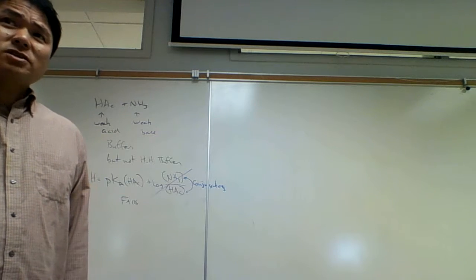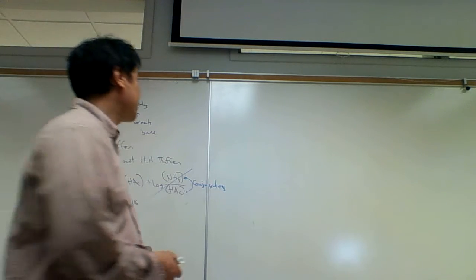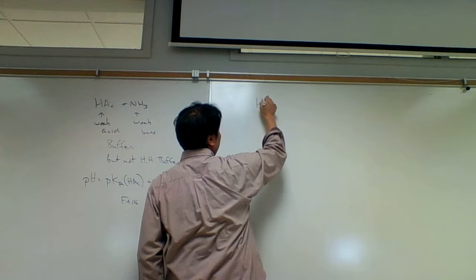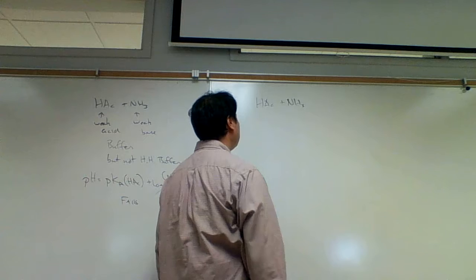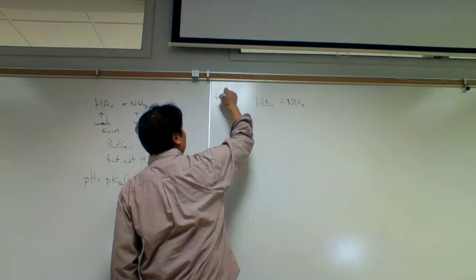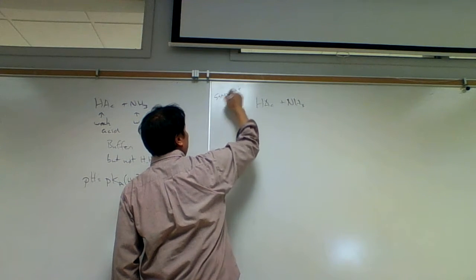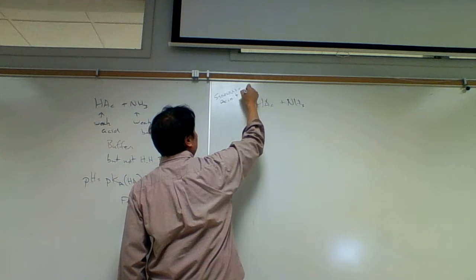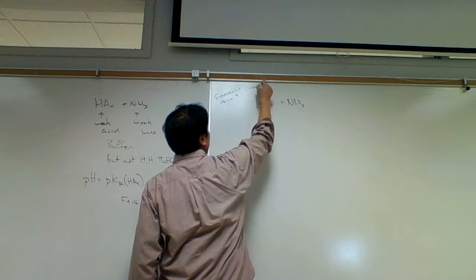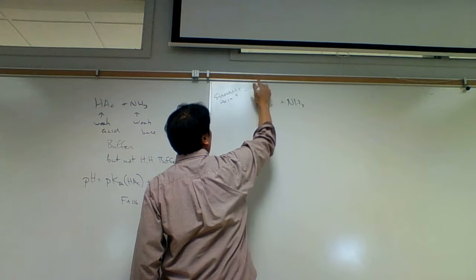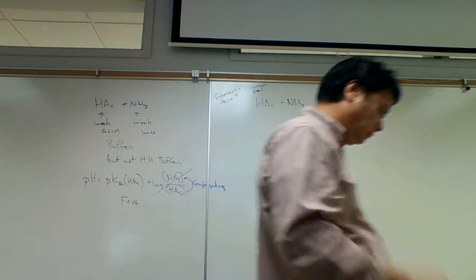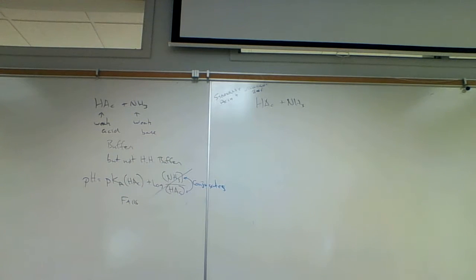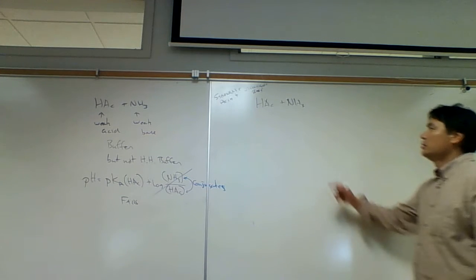Did we already do this reaction? The strongest acid present is acetic acid. What's the strongest base? Ammonia. And so if we have a mixture like this, strongest acid plus strongest base, what's going to form here?